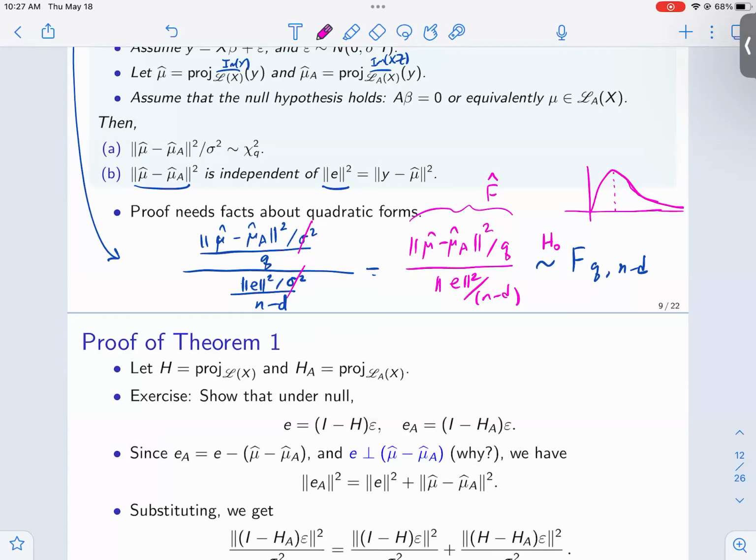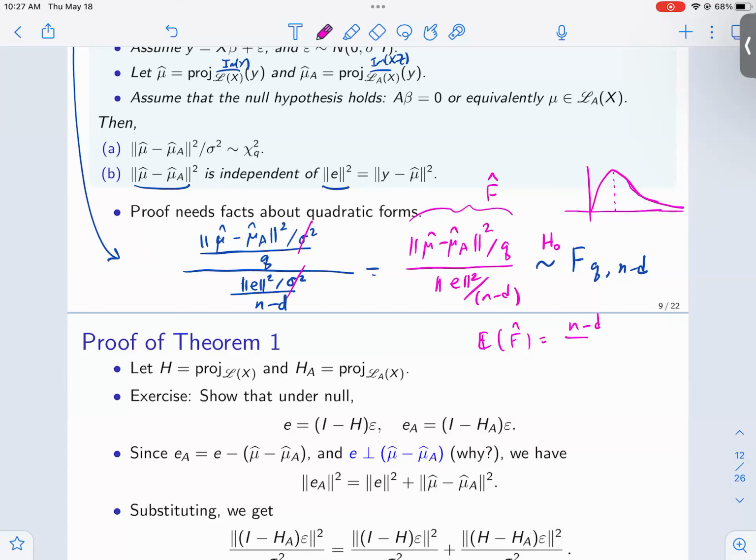Anyone knows what the mean of an F is? If it's that one with n minus d, n minus d over n minus 2. So the expectation would be the second degree of freedom over the second degree of freedom minus 2.